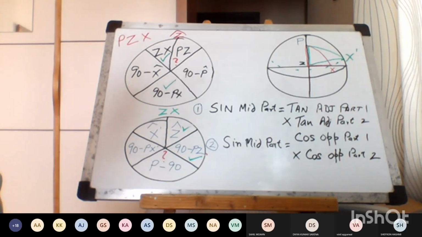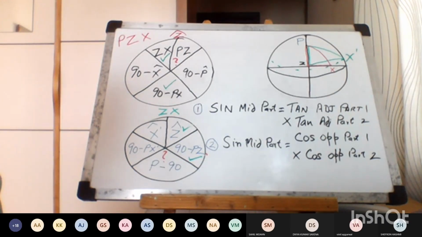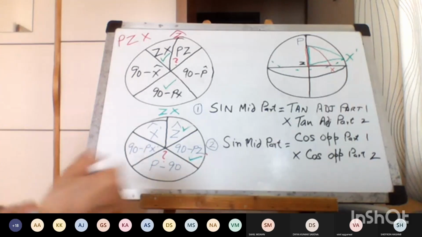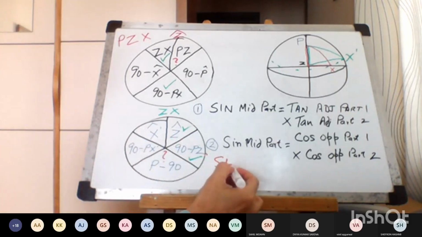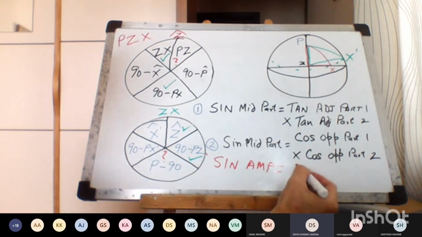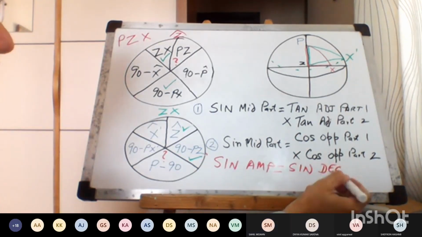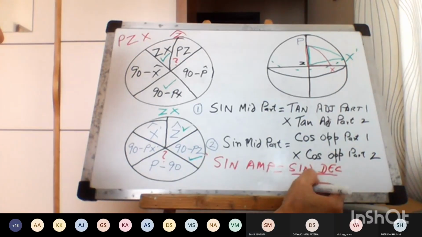So if you don't have any question on the Napier diagram, I can remove this and then we can go on to proving the amplitude formula. What is the amplitude formula? Sine amp is equal to sine declination by cos latitude, sine dec upon cos lat.